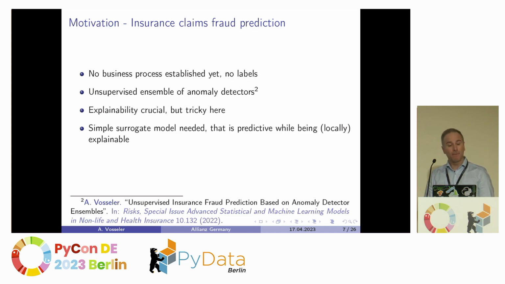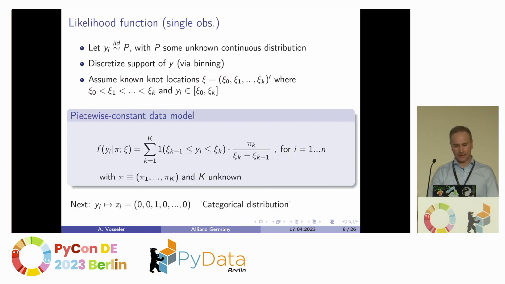So for this reason, we were looking somehow for a sort of a surrogate model, a proxy model that somehow we can use on behalf of the actual ensemble. And therefore, we wanted to have a model that is predictive on the one hand, but on the other side is really locally or globally explainable. And so the model that we're looking at, as the title already suggests, is a probabilistic model, a Bayesian model. So let's dive right in.